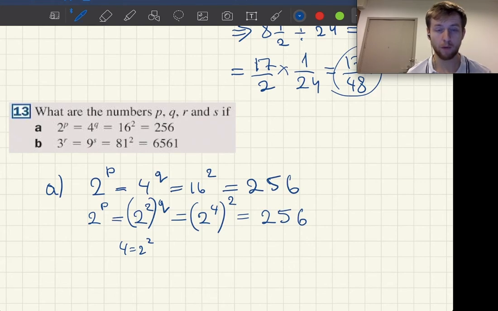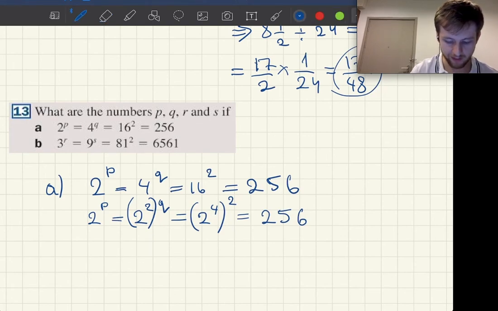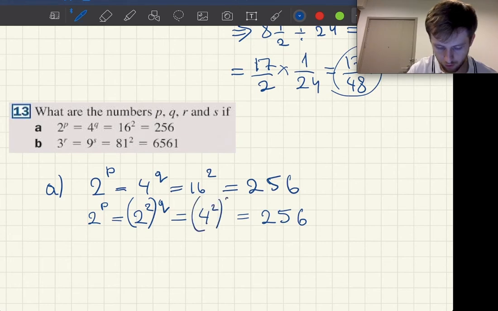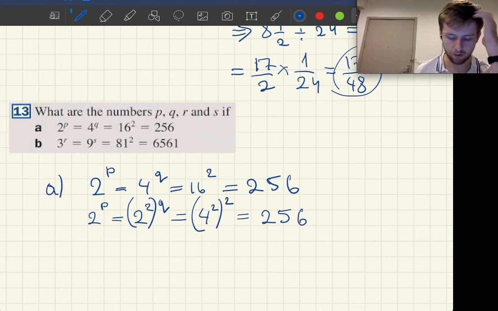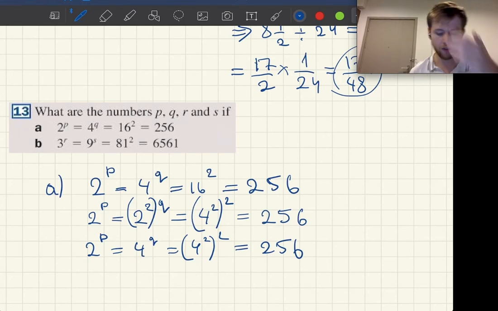Actually, we probably have to write 16 as 4 to power 2. So it's going to be 4 to power 2 and then to power 2. And this way I think we can figure out, and then we can write, so 2 to power P equals 4 to power Q equals 4 to power 2, and then to power 2 equals 256.